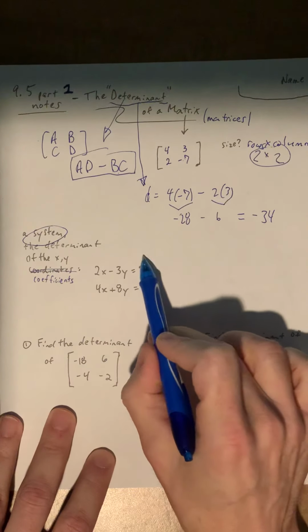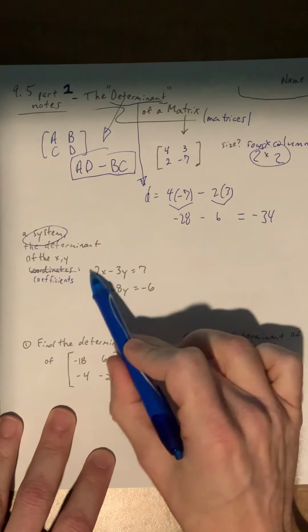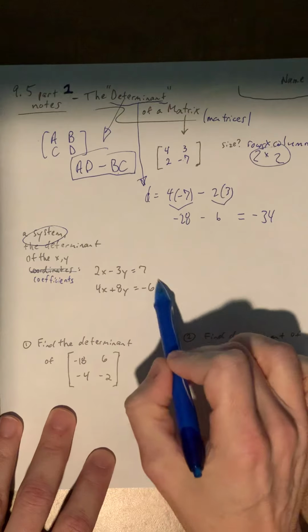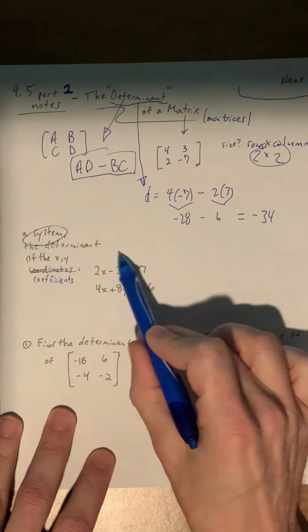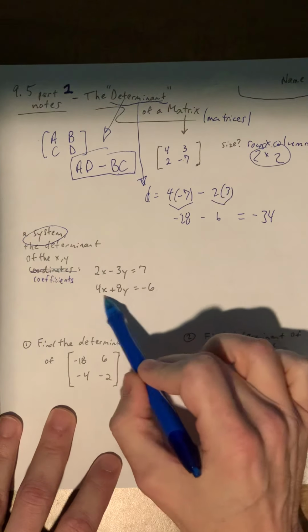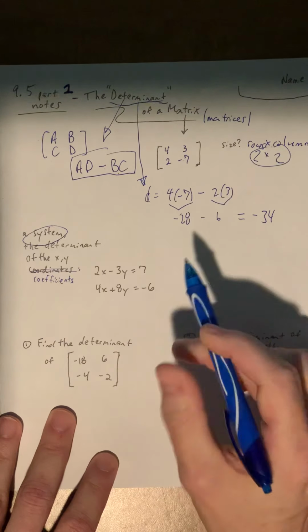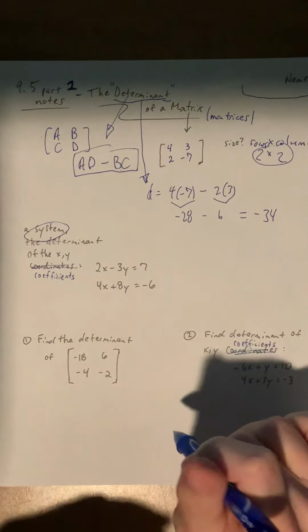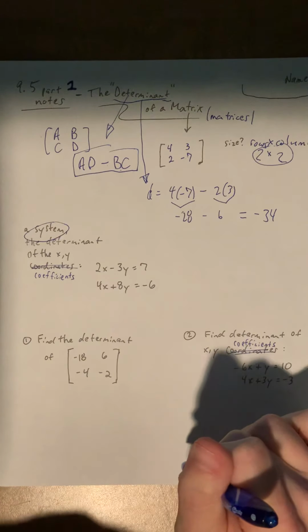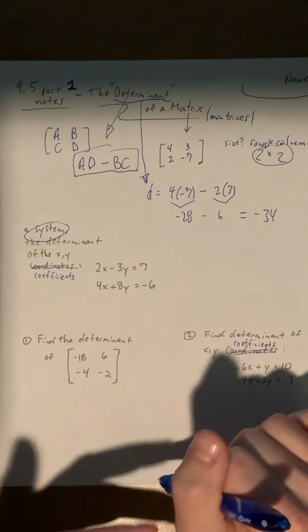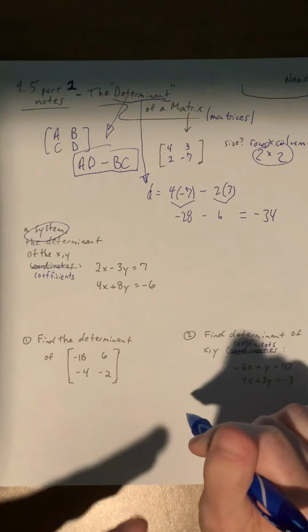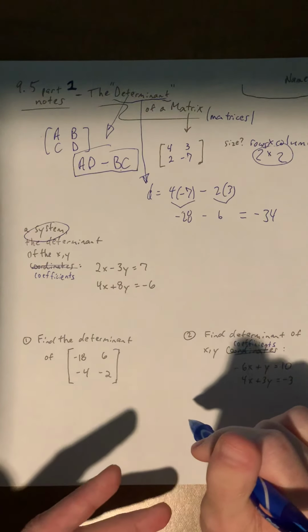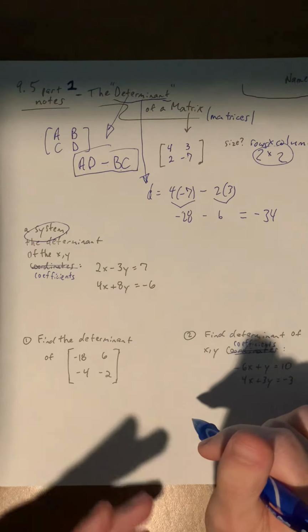Because this might look familiar to some of you guys. You might have bad flashbacks in algebra over it. When you solve a system, there's many ways to solve it, okay? In algebra, they usually teach you can graph it and look for where the lines intersect. You can do elimination method or substitution method. They usually don't teach this method in algebra classes, but that's what we're going to learn in part 2.